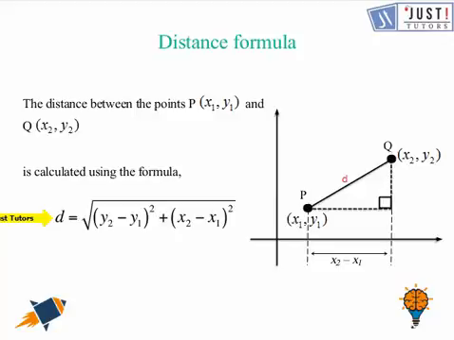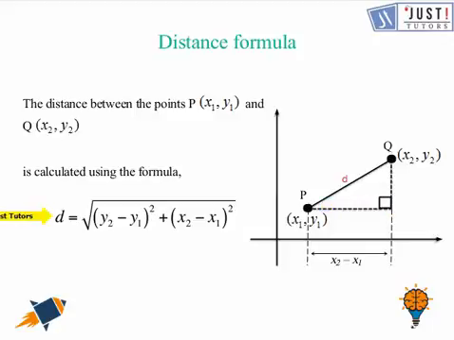Now, as we can see that it is forming a right-angled triangle, so we can apply the Pythagoras theorem in order to calculate the hypotenuse, which is the d. The value of the base here is x2 minus x1, and the value of the perpendicular here is y2 minus y1.